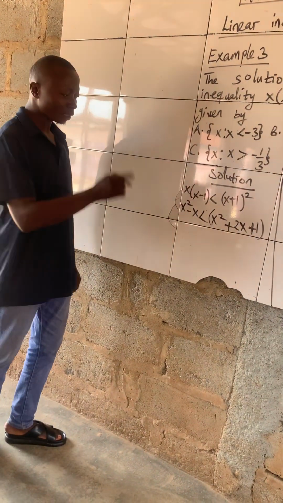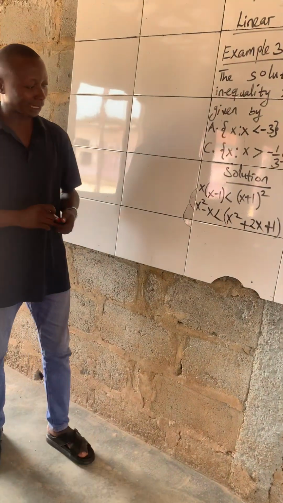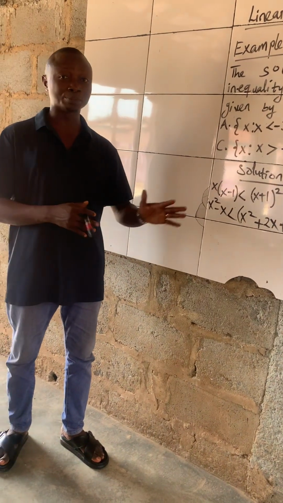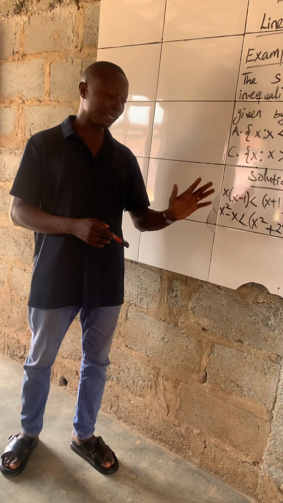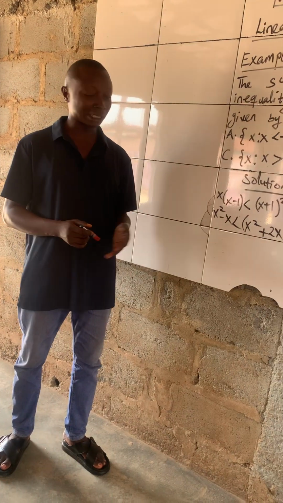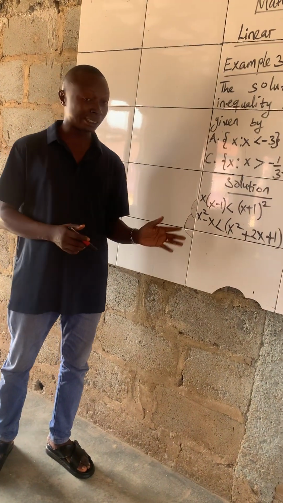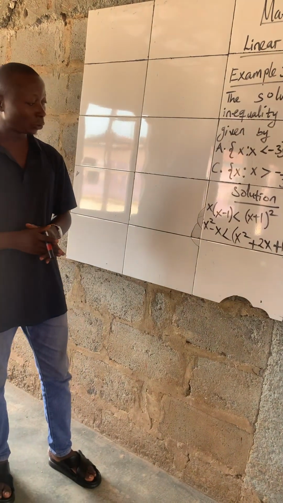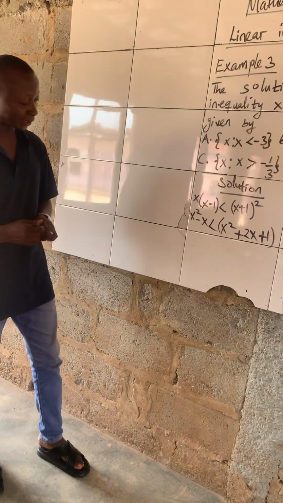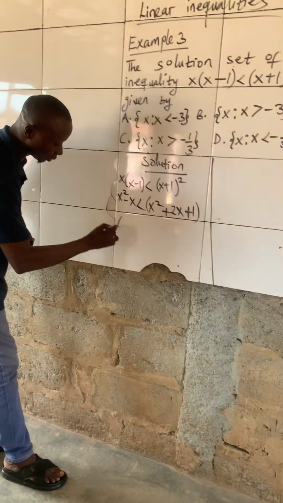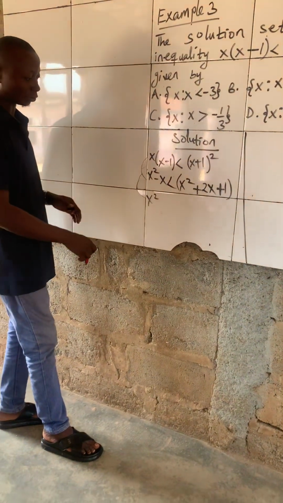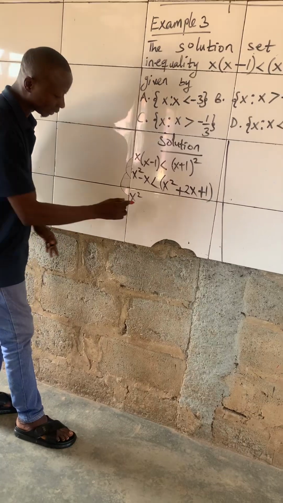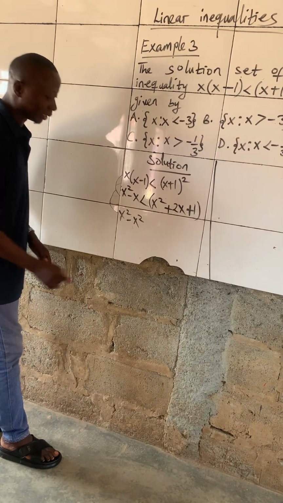Remember, when we started, I told you that in linear inequalities, you should always bring the unknown to the left-hand side. It is important so that there will be no mistake as you continue. So I want to bring the unknowns to this side. Plus x squared to this side becomes minus x squared.